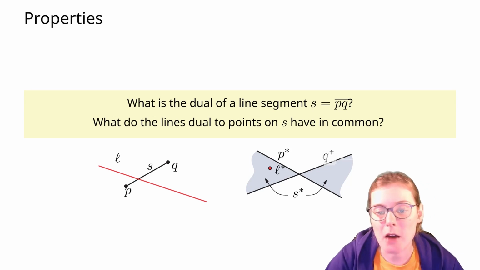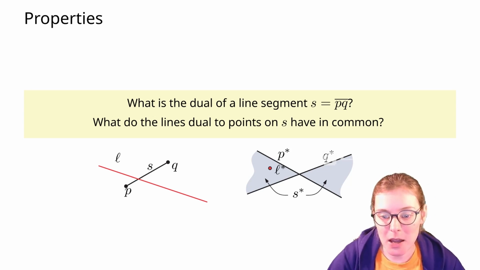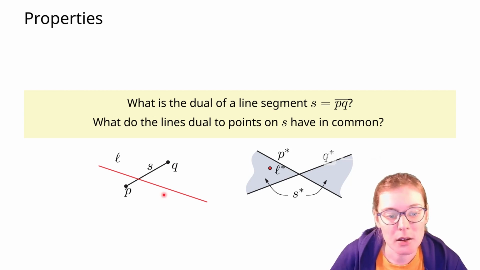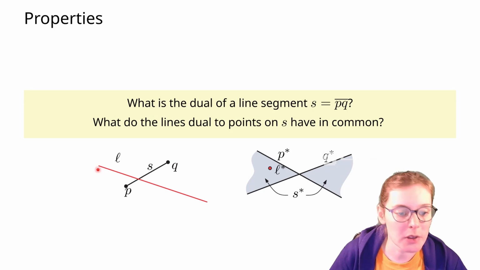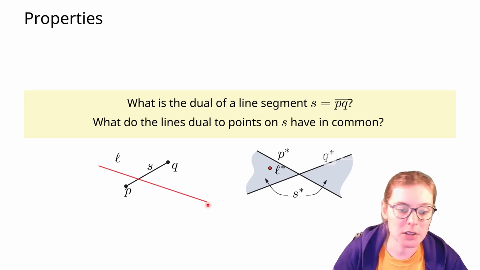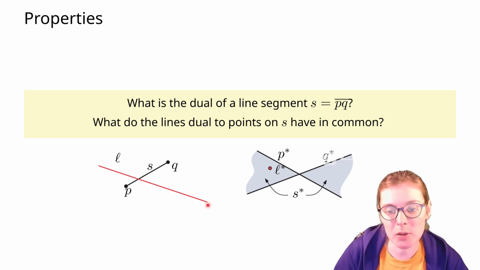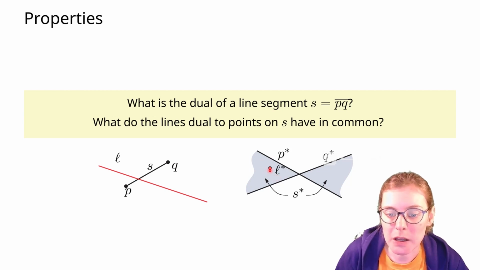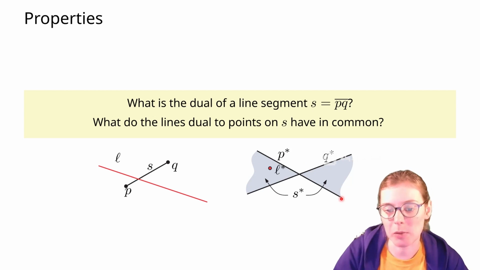Indeed, here we have the lines P star and Q star, and the segment S is dual to the double wedge S star. And also observe that if we have line L intersecting the segment S in the primal plane, then this line L will be dual to some point L star in the dual plane, and this point will lie inside the double wedge that is the dual to the segment.